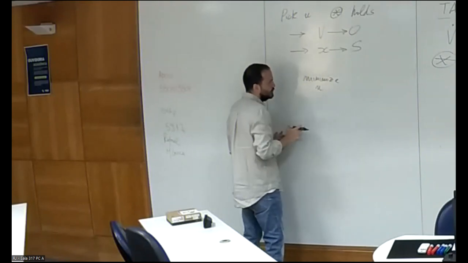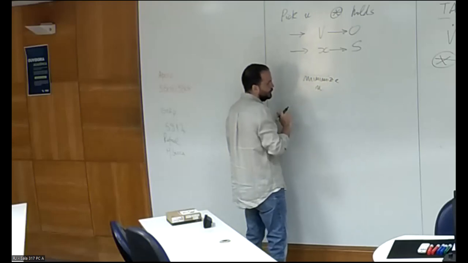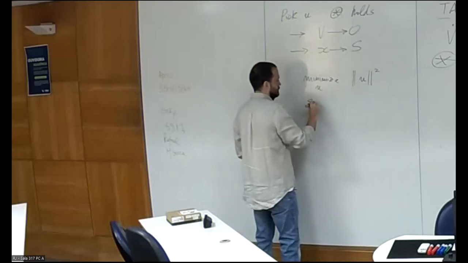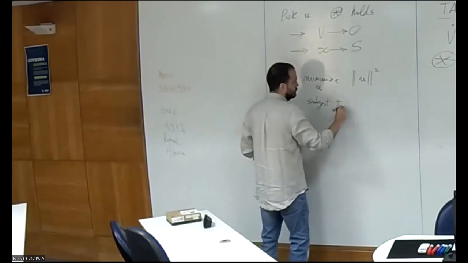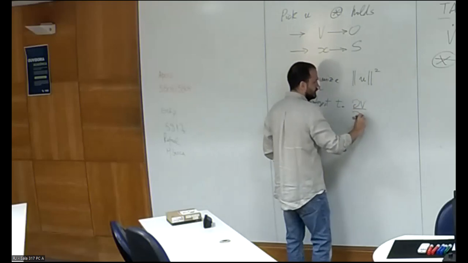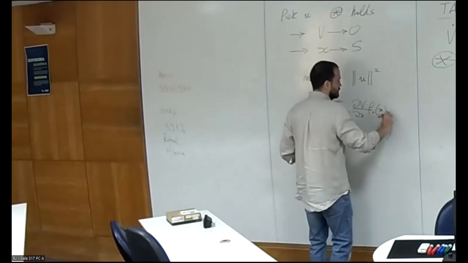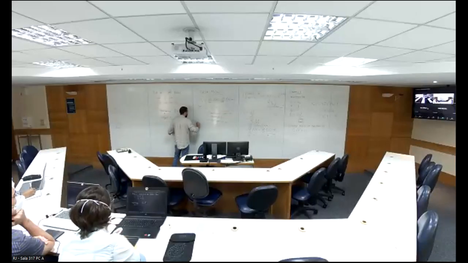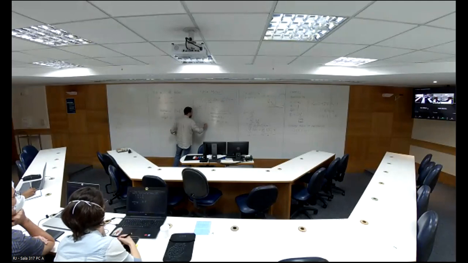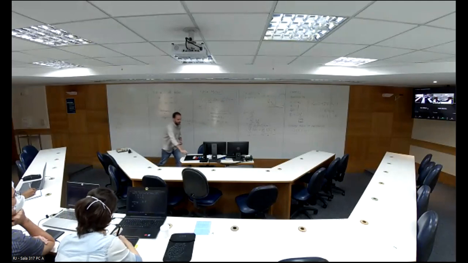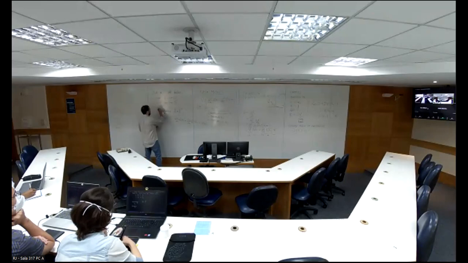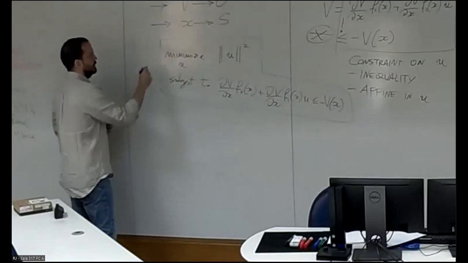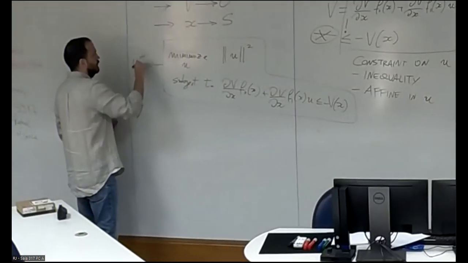Minimize over u the norm square of u, subject to dV/dx f0 of x plus dV/dx f1 of x u less than or equal to minus V of x. Right, this gives us a u optimum.